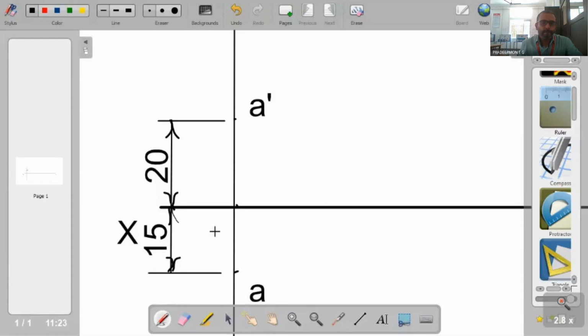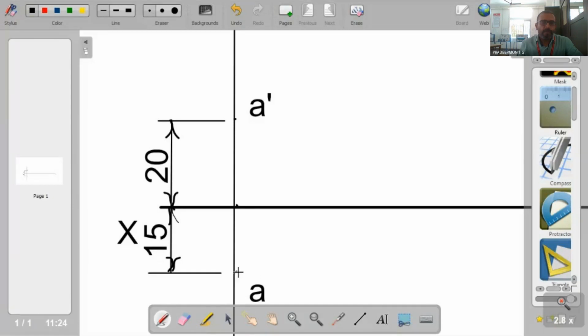So I hope you understood how to draw it. First, draw the XY line, a horizontal long, thick line. Then towards the leftmost point, draw a vertical line, which is perpendicular to the XY line. To draw that one, use your protractor. Then on this particular line, mark a distance of 20 millimeter above the XY line and 15 millimeter below the XY line.